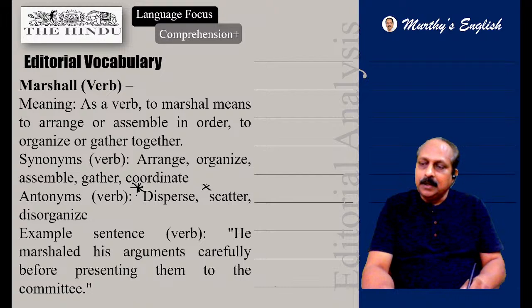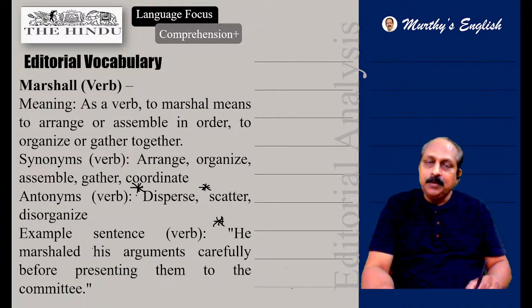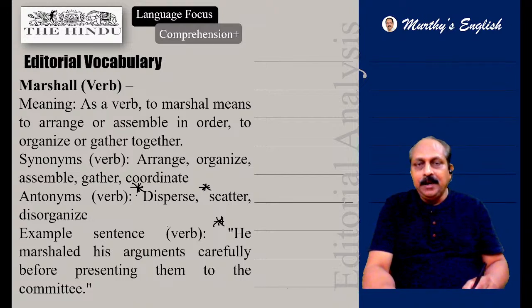Scatter also an important word. Disorganize, simple word. Example: he marshaled his arguments carefully before presenting them to the committee. This is a good example. In the context of the editorial, marshalling goes with bringing people to the event, that is polling booth. But here, marshal his arguments, gather his arguments carefully before presenting them to the committee.